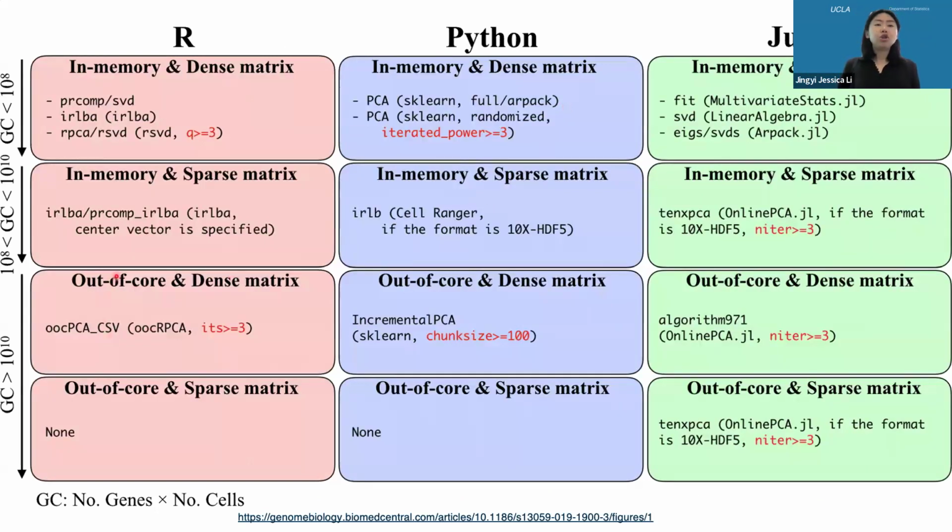Your choice of algorithm depends on this product, number of genes times number of cells, called GC. When the product is less than 10 to the 8th, when your data is not so large, you could just use exact PCA, no problem. But of course, it depends on whether your data is dense or sparse.